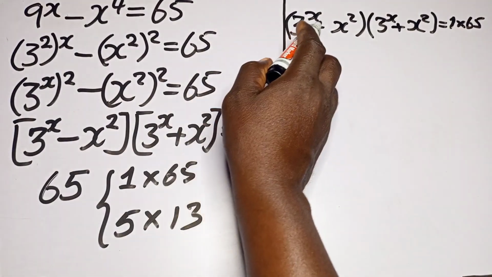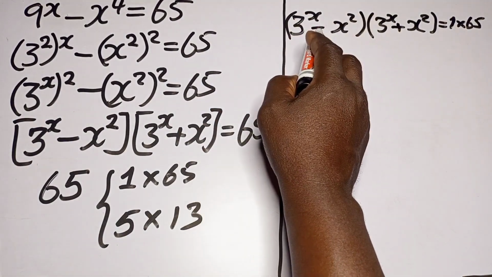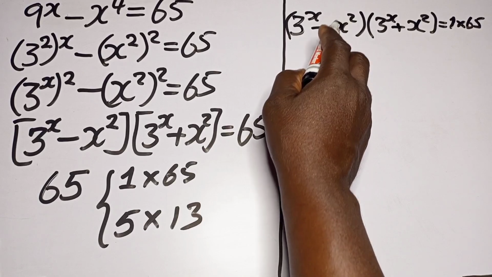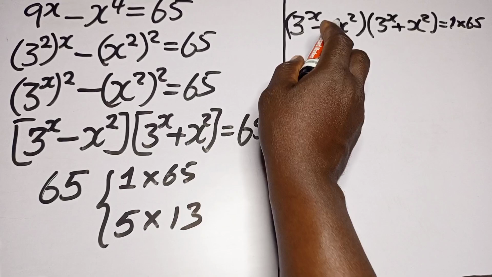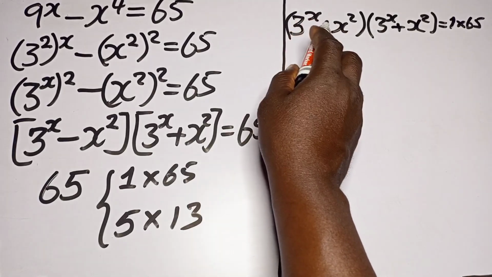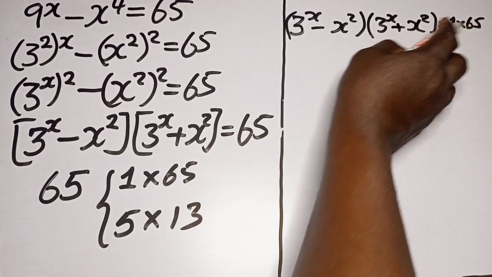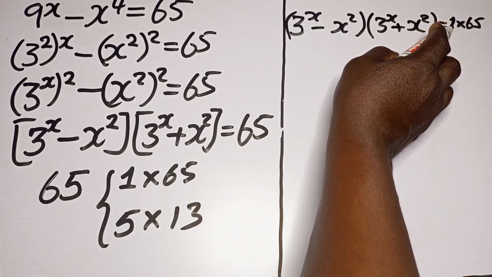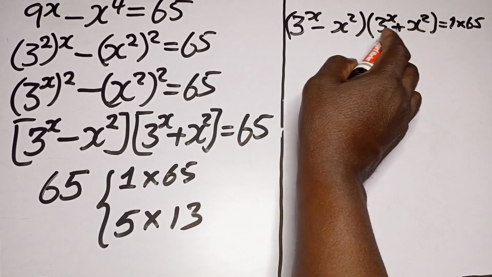Now, if we look at it, we are seeing 3 to the x here. Here is addition, here is subtraction. And we are subtracting the same quantity, x squared. It therefore supposes that the value of this must be smaller than the value of this. And so the smaller value is 1. So we're going to attach 1 to this factor. And the bigger number is 65.